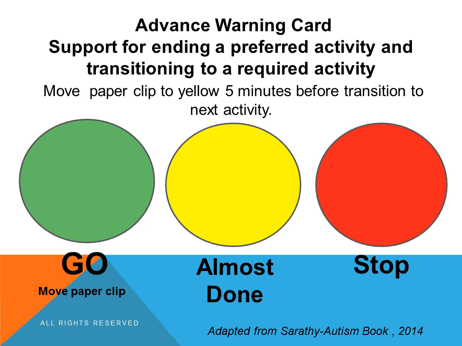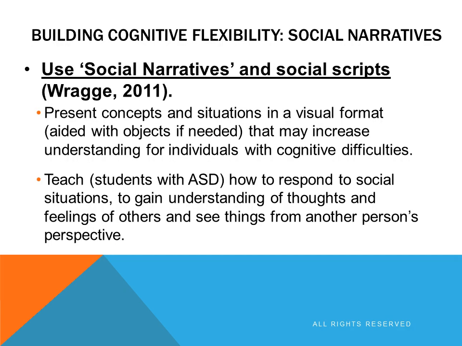And they gradually get trained. In the beginning, you may encounter difficulties, but actually after they gain some control, they will start using it themselves. And I mentioned earlier about social narratives and social scripts, and you will find more information at the Autism Internet Modules.